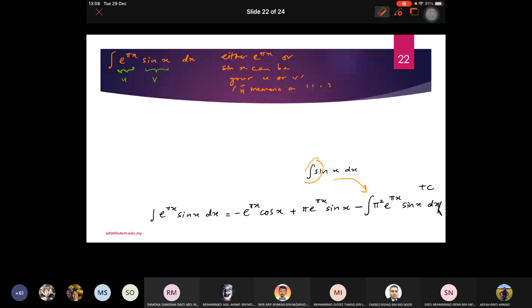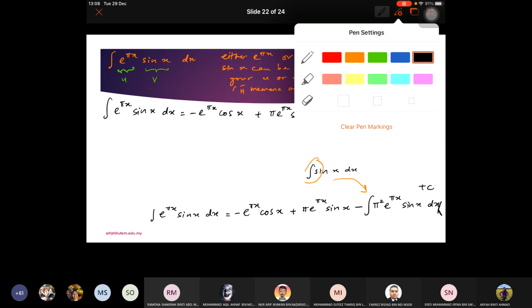Integration of exponential pi x sin x dx akan sama dengan negatif exponential pi x cos x tambah pi exponential pi x sin x tolak yang ini.